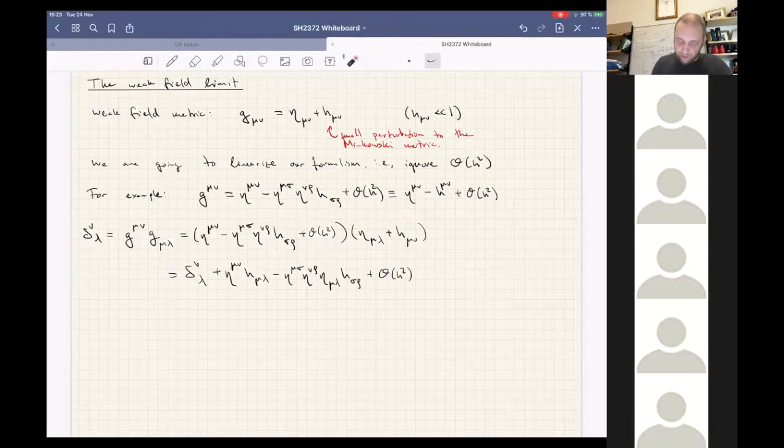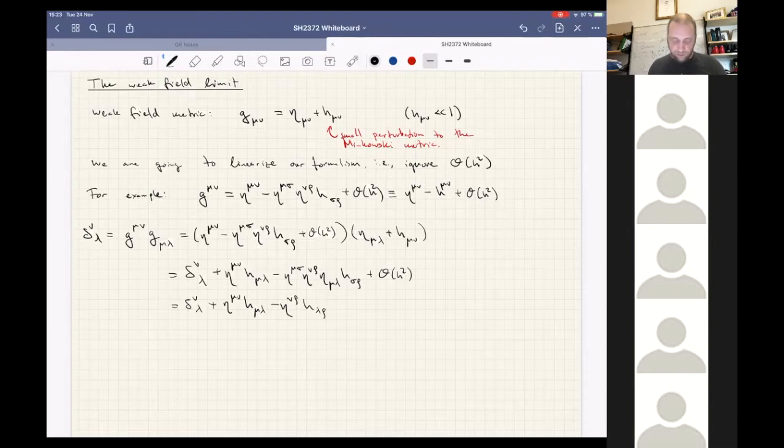Now in this last term here, we have a sum over mu. Performing that sum, that's delta sigma lambda. So what we get is eta nu rho h lambda rho.